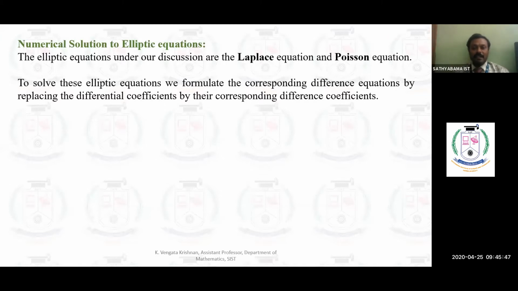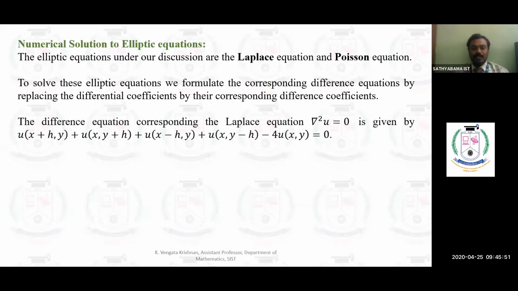Now let's straight away get into the difference equations corresponding to the Laplace and Poisson equations. We know the Laplace equation is ∂²u/∂x² plus ∂²u/∂y² equal to 0.